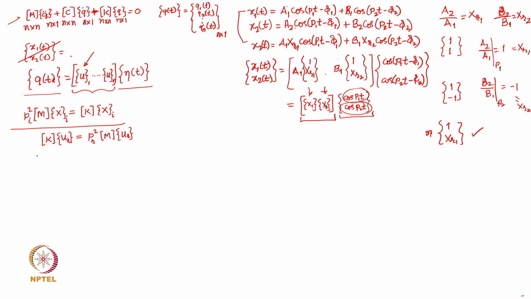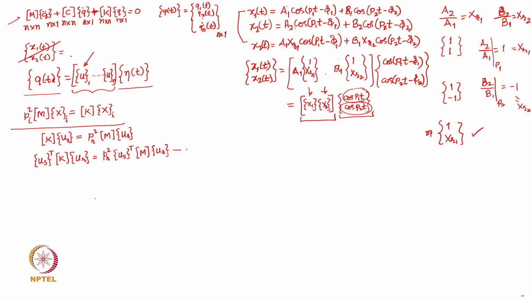Now, I will pre-multiply the entire equation by another mode shape vector representing the sth mode shape, and that gives me this equation.